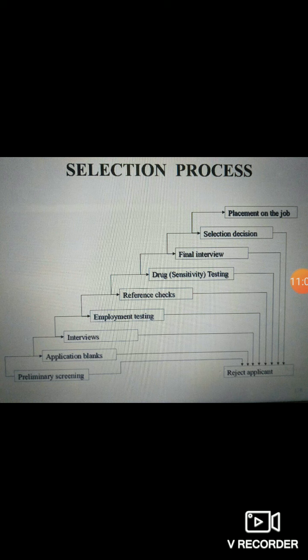Sometimes drug testing means, if the profile of the particular candidate is going to be a profile wherein some chemicals, some fumes, gas, some allergic stuff are going to be handled, then we need to know whether the person is capable of handling them or he has any allergy or any other issues with the particular stuff. So we try to undertake this test in order to check his physical and biological compatibility. That is where drug sensitivity testing gets importance at this stage.